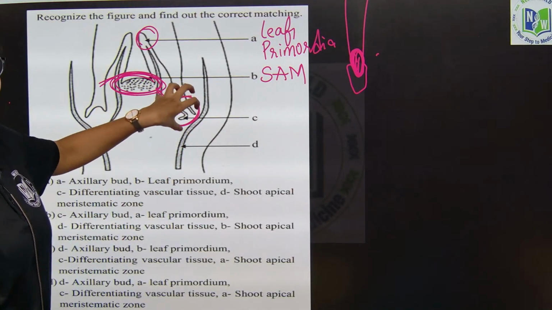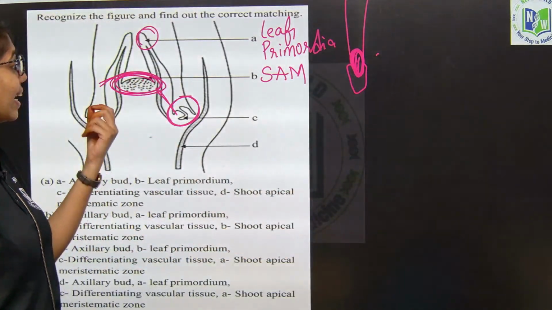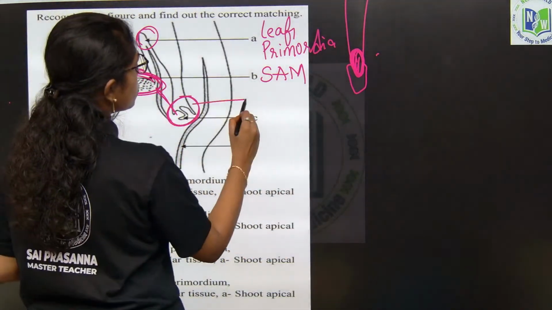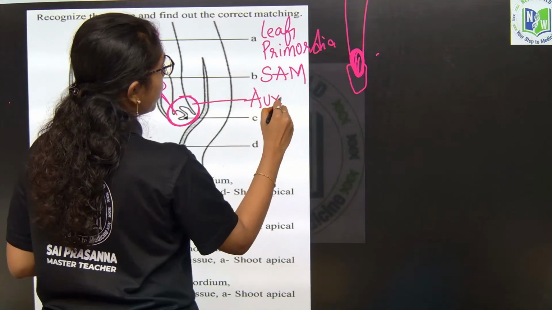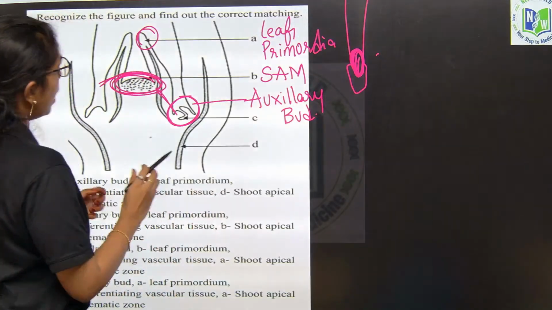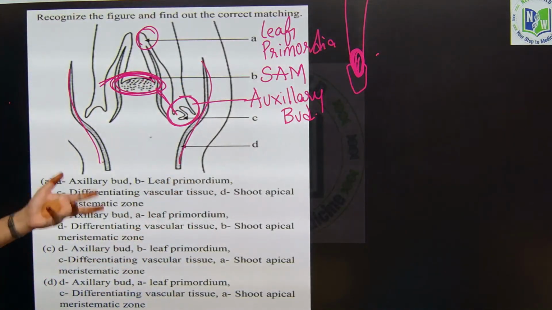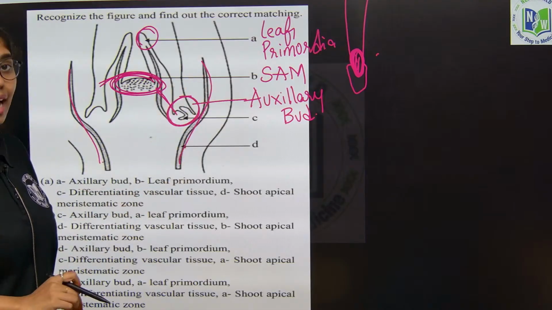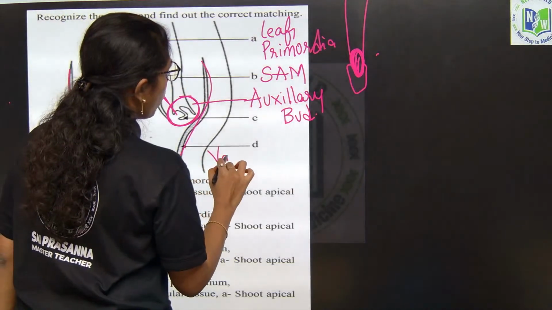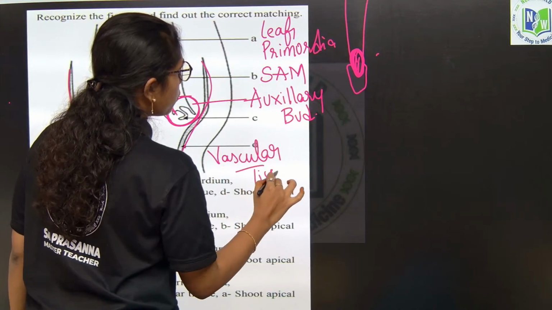This axillary bud will be developing either into a shoot or a lateral branch. Okay, this will be what? Axillary bud, which is at the axil. And these two are what? Differentiating vascular bundles or differentiating vascular tissue. Fine, right, beta?